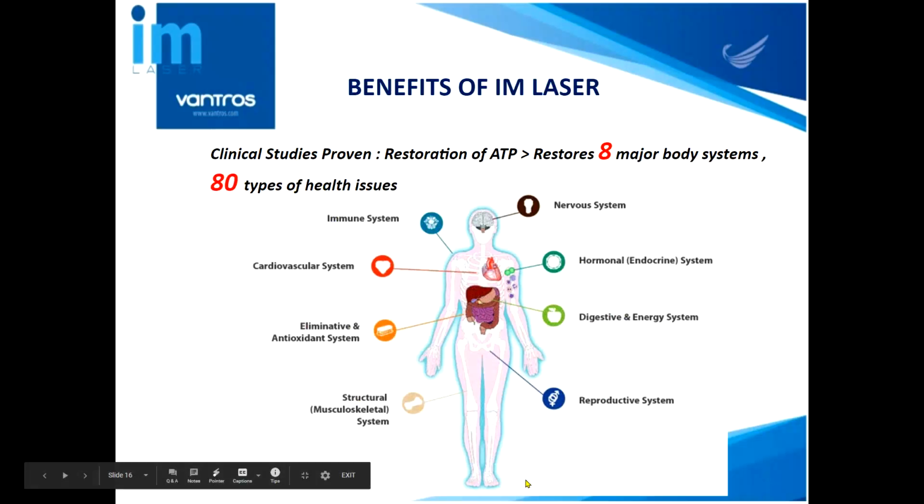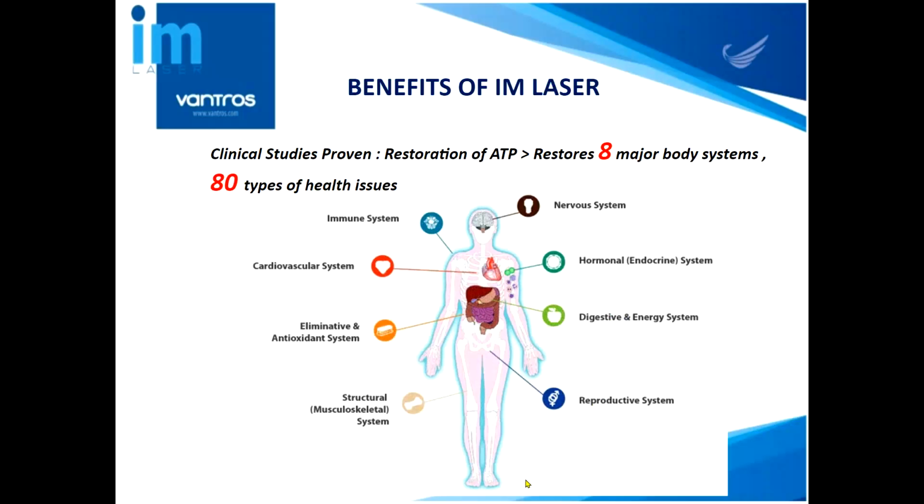These are basically the 8 major systems of our human body. So when you are able to restore these 8 major systems, it also helps to improve 80 types of our health issues. I will go into that later. I'll show you what the 80 types of health issues are.